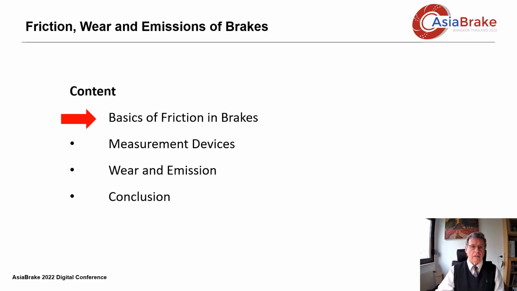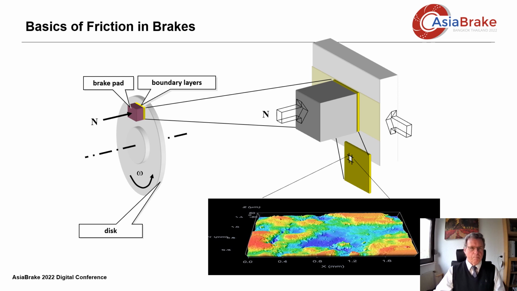So let us start first with the basics of brake tribology. This is a basic layout of a disc brake. A brake pad is pressed against the disc, you can see it here, and in this process a boundary layer film is formed not only between the lining and the disc, but also on the entire friction track on the disc just here around.